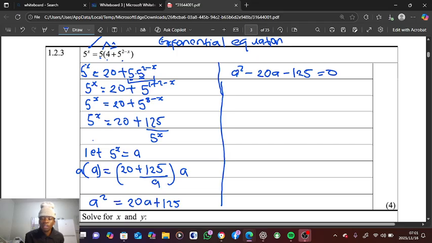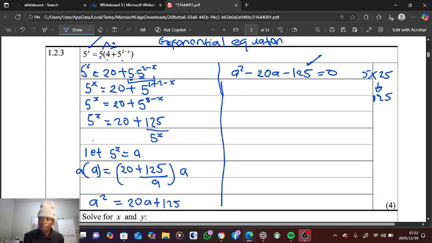When you are here, you have to use brackets by looking for factors of 125 which we can add or subtract to give us negative 20. Our factors will be 5 multiplied by 25, which will give us negative 125. For our answer to be negative, we have to include a negative in one of these factors.